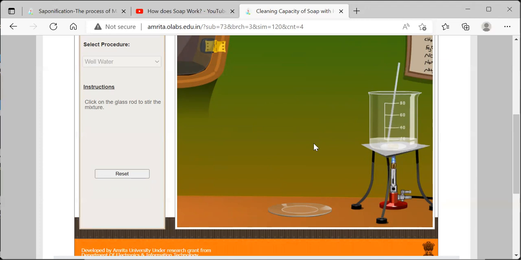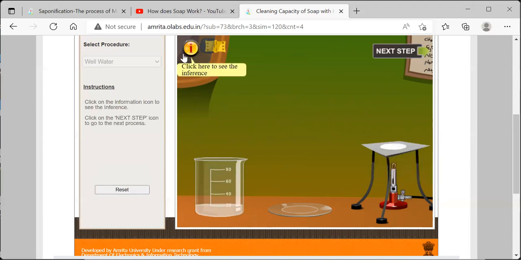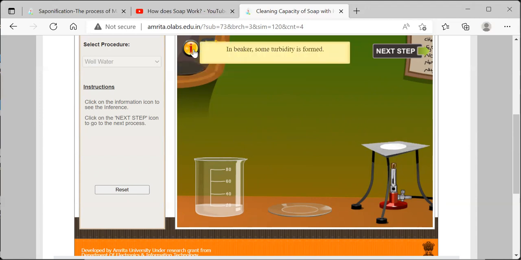And as you can see with the glass rod, we completely dissolve the soap. So now we have a soap solution that is made in well water. Now notice that because it is considered hard water, there is some turbidity in the solution. So it's kind of turbid.